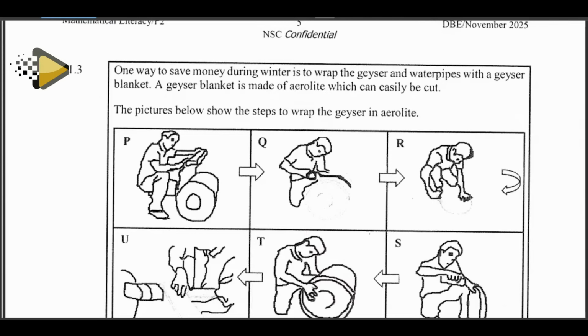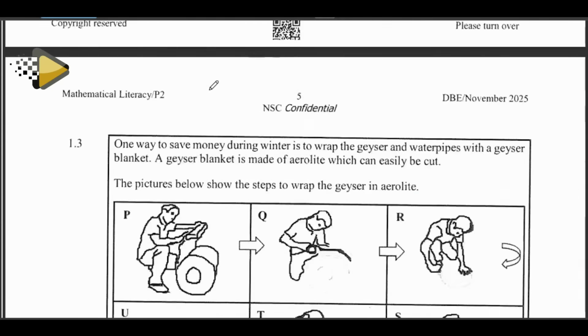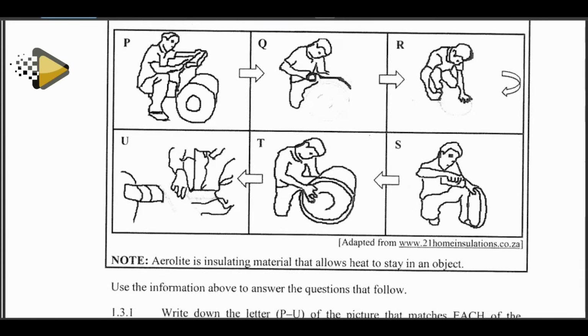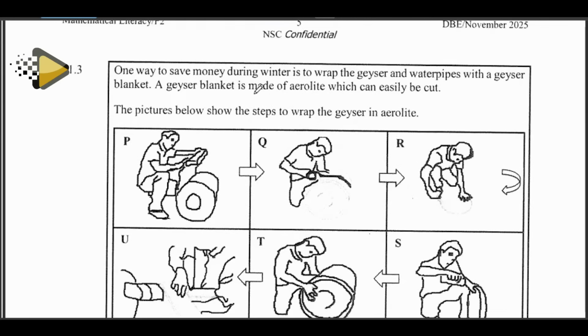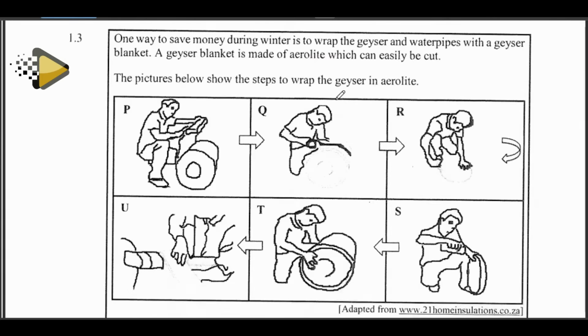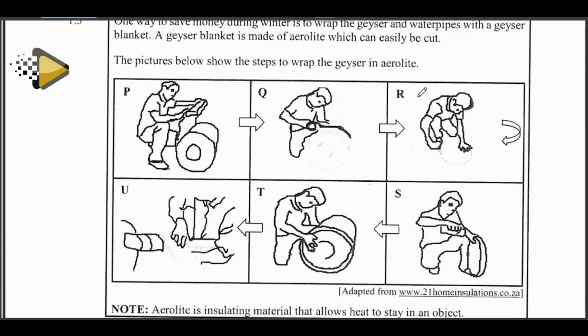One way to save money during winter is to wrap the geyser and the water pipes with a geyser blanket. A geyser blanket is made of aerolite which can easily be cut. The picture below shows the steps to wrap the geyser in aerolite.